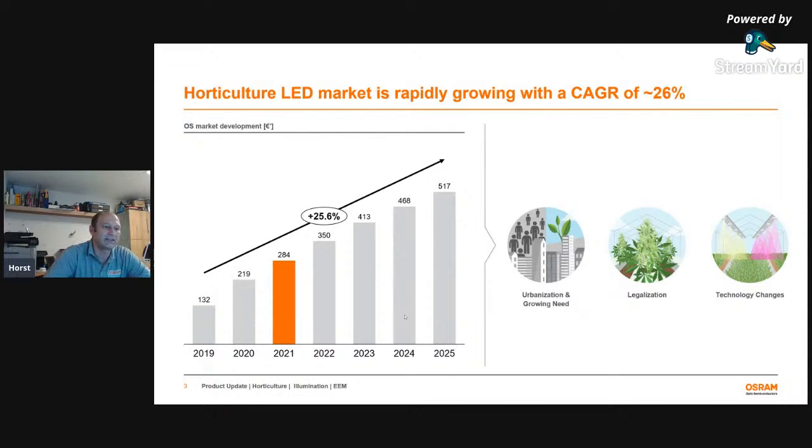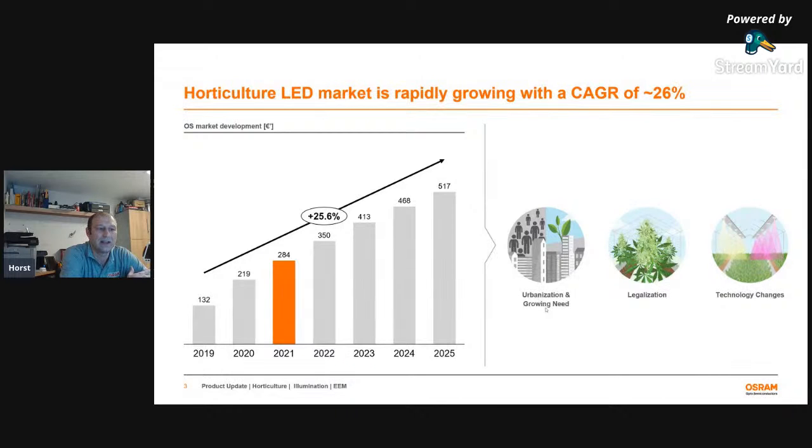And for a couple of years now, there are some factors which are even boosting this market. One is, of course, urbanization, which means cities are getting bigger and bigger, and it's quite interesting to produce the goods, the plants, let's say the salad, in the city where you are living. You don't have the transports and so on, and it can be close to you.